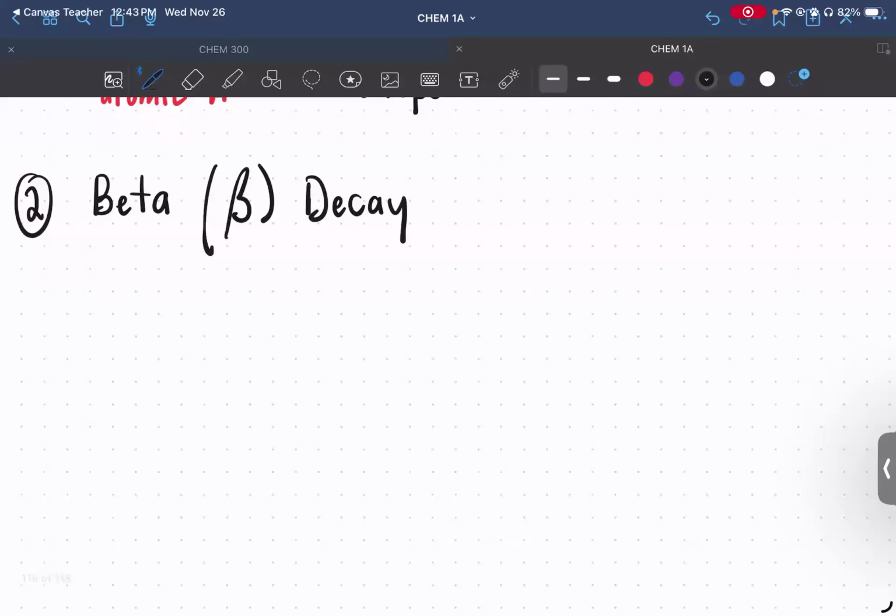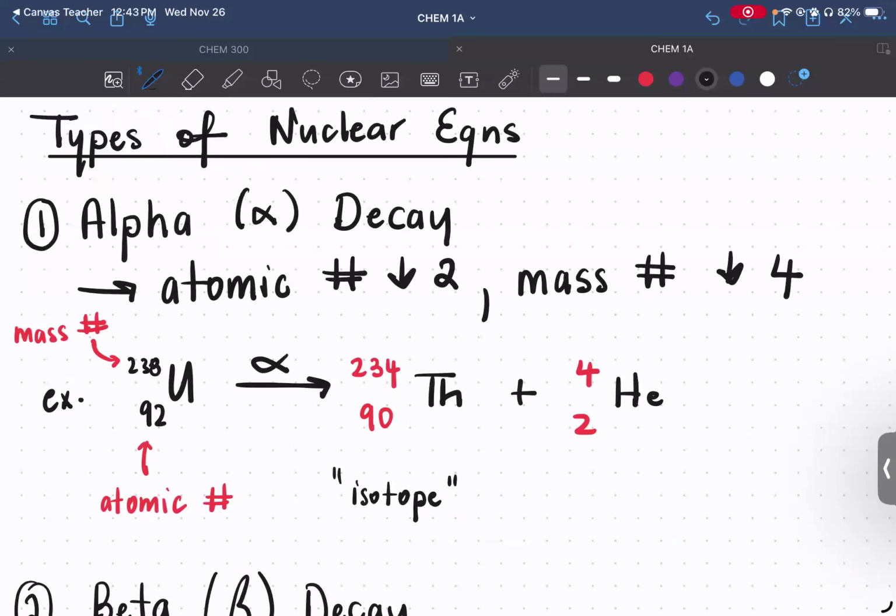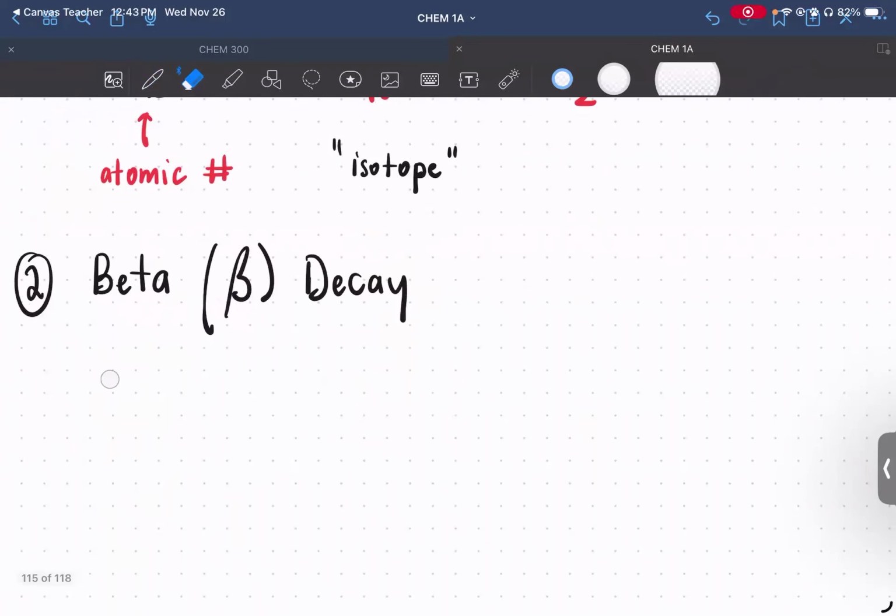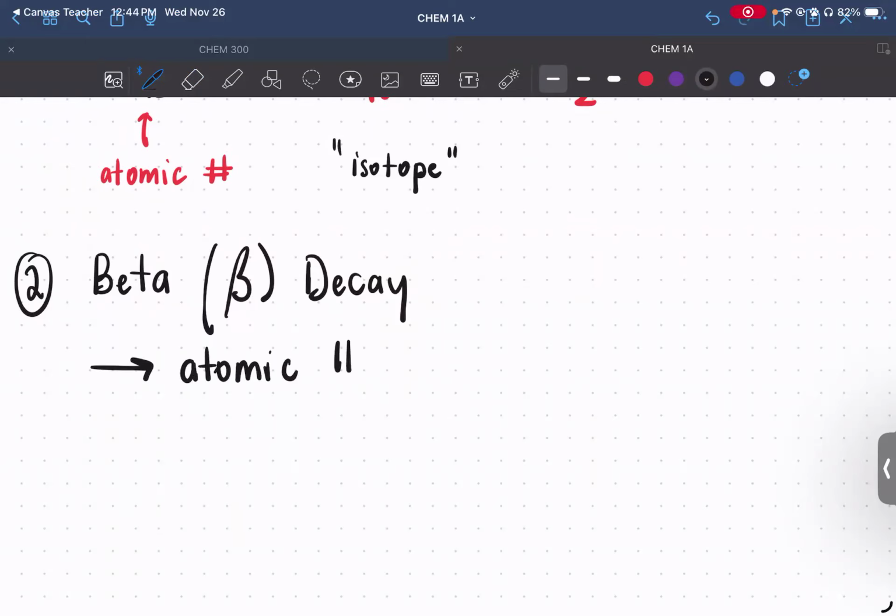In the case of beta decay, the atomic number decreases by 1. However, the mass number is unchanged.